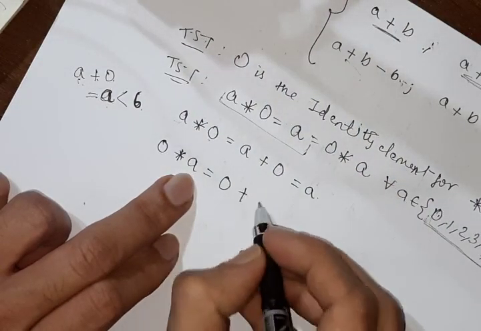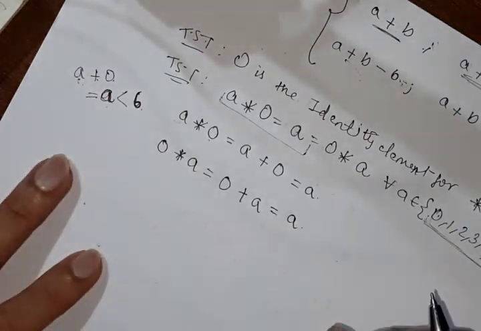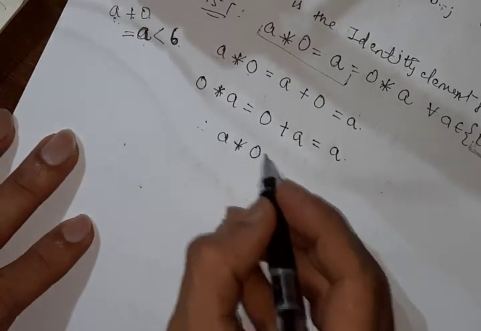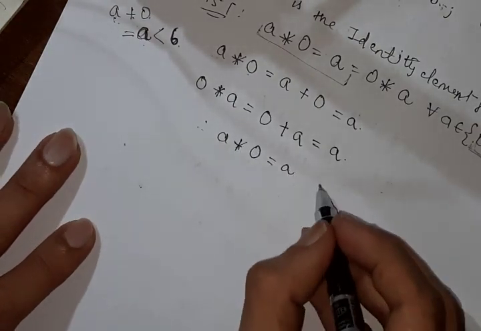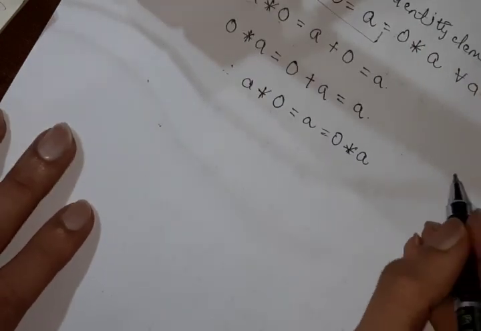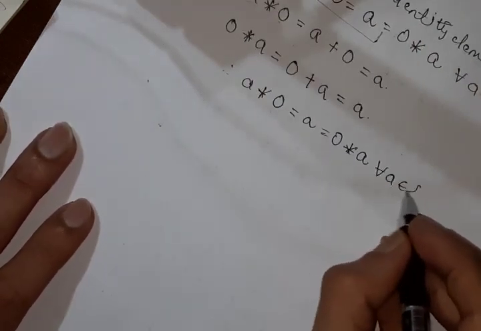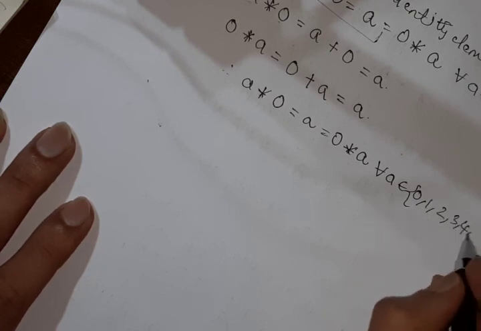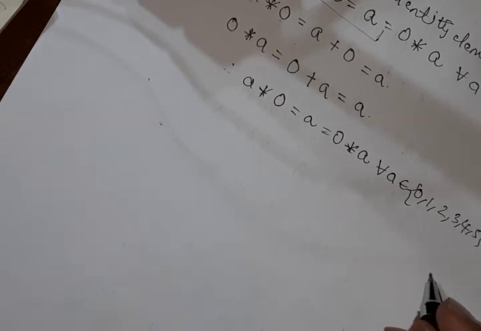So 0 plus A is equal to A. Therefore A star 0 is equal to A, which is equal to 0 star A, and this is true for any A, 0, 1, 2, 3, 4 up to 5.